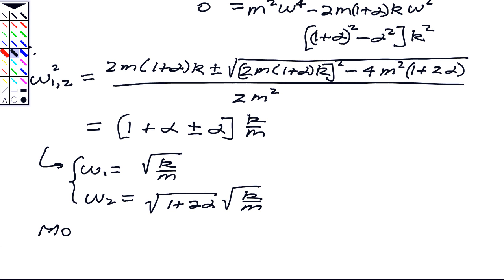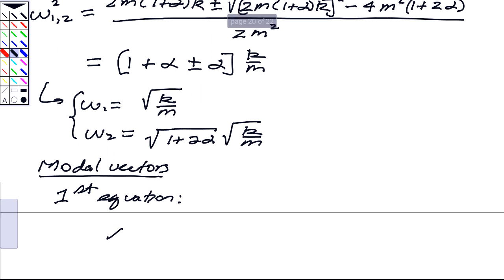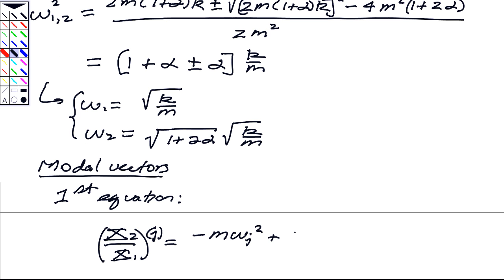Our modal vectors. We have two equations that we can use. Looks like I chose to use the first equation. And the first equation from our eigenvalue problem is going to give me the ratio of x2 to x1 for the jth mode as minus m omega j squared plus 1 plus alpha k divided by alpha k.